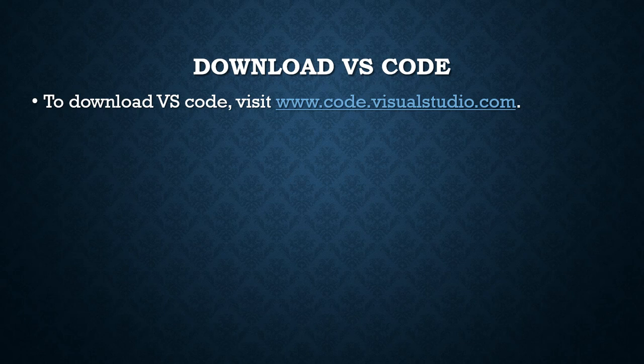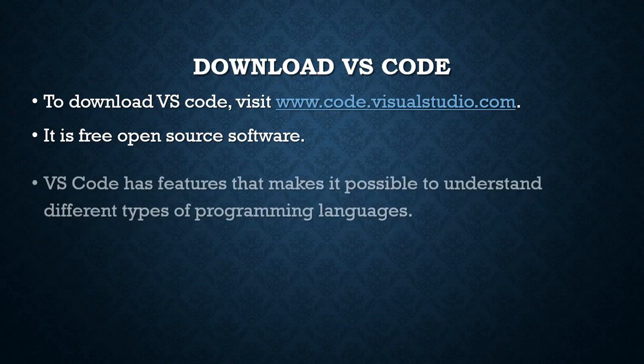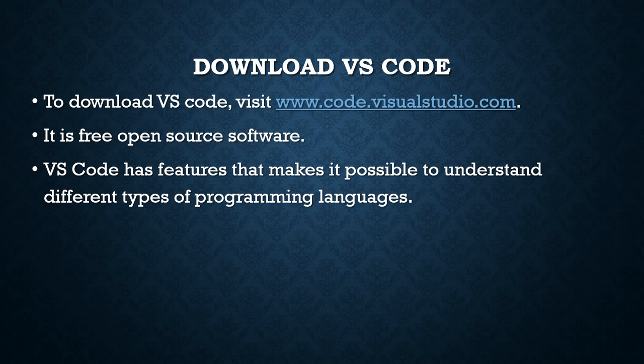On this website, we can have access to the text editor, which is free open source software. You don't pay anything for downloading it. You can just know your operating system, either Mac or Windows, download Visual Studio Code and install.